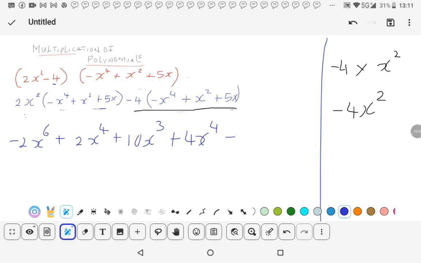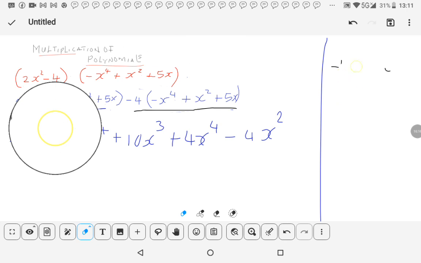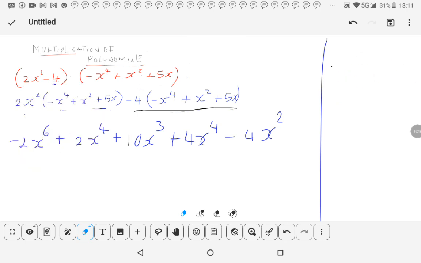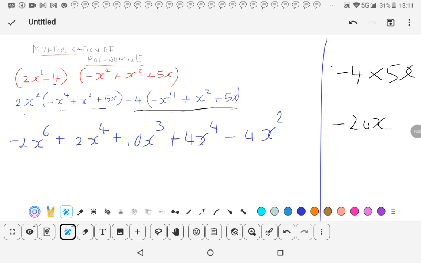You have minus 4x raised to the power of 2. Then the next is minus 4 times 5x. If you multiply it, you have minus 20x. So you write it, taking note of the sign, minus 20x.